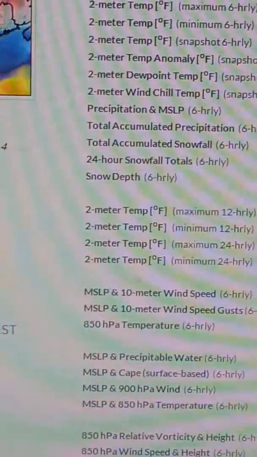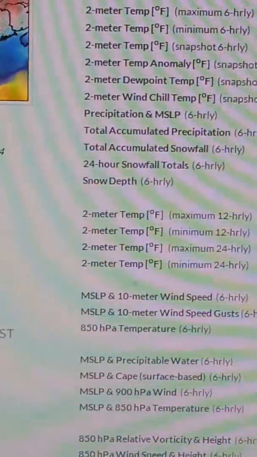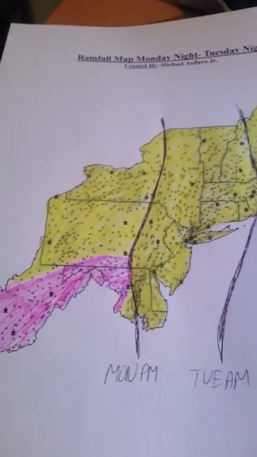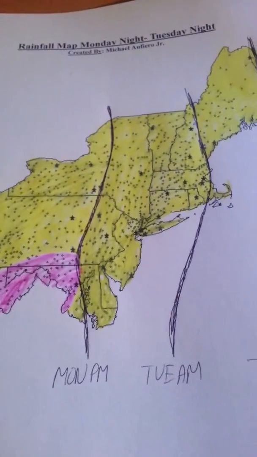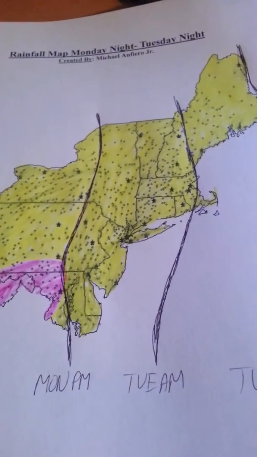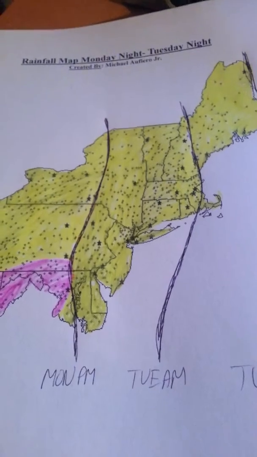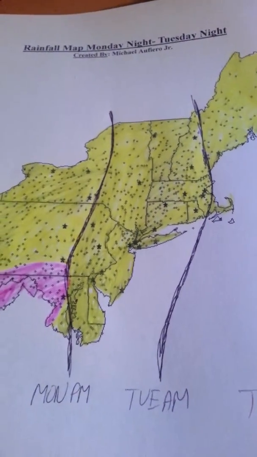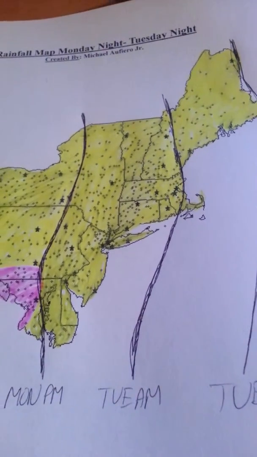To give an overview, I created this map here. This is the onset of rain and rain accumulations. Anywhere in the yellow, we're going to go with a good 1 to 2 inch rainfall. As the cold front approaches the water, I think moisture will become more plentiful.